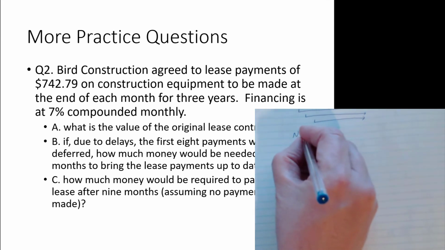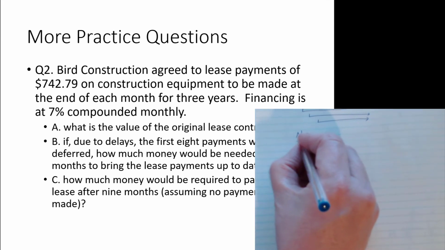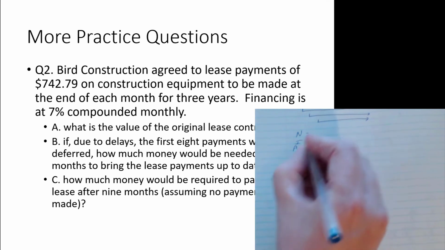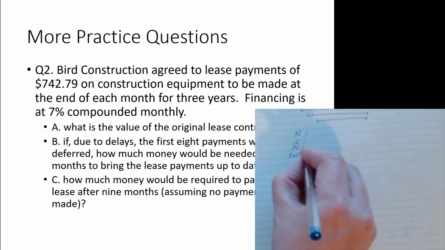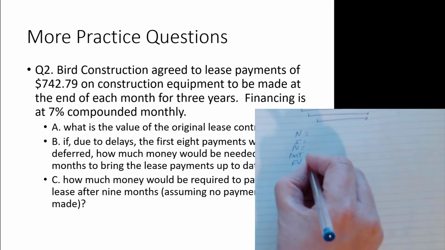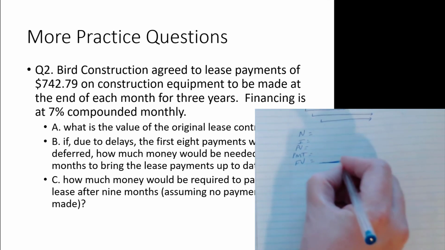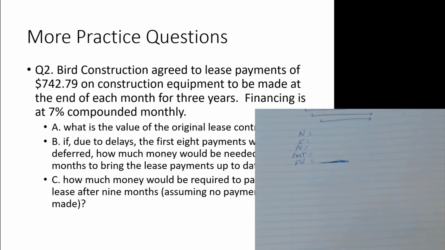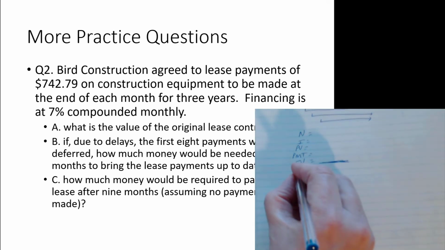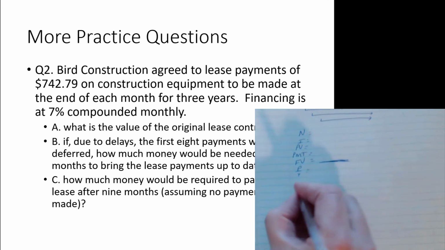So we have an annuity, right? It's got that annuity structure, so I know I'm going to go through all my key parameters. I know I want to find future value, right? Because that patterning looks like exactly the patterning that we recognized from when we wanted to find the future value of an annuity. So it was very familiar patterning to us. We had a payment structure and we had a compounding structure.